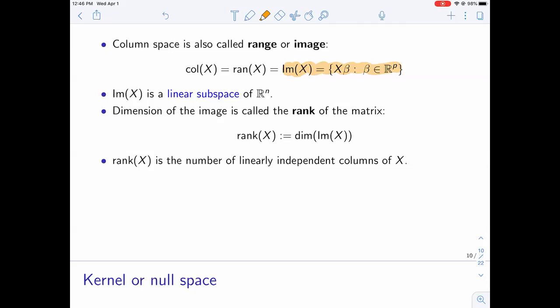So it could be that the set of all columns of X is linearly dependent.